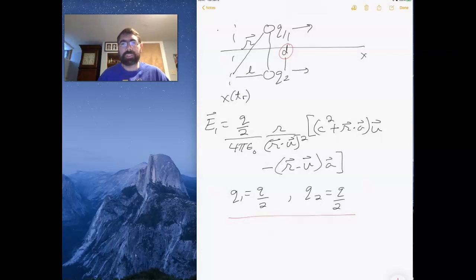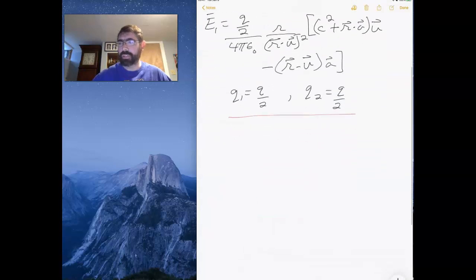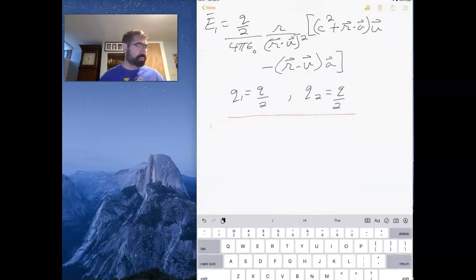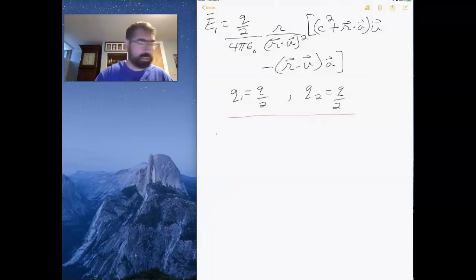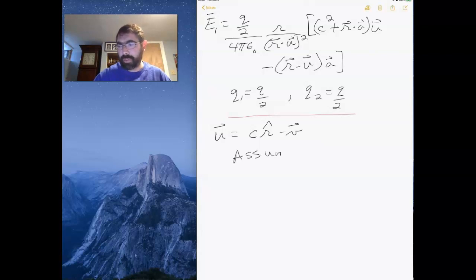So where we left off in the last lecture was we wrote down the electric field for charge number 1, and now we can start putting in some of the parameters. So the velocity u is just c r minus v, where we assume that v is equal to 0, so it's initially at rest.